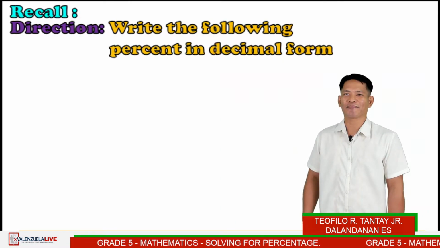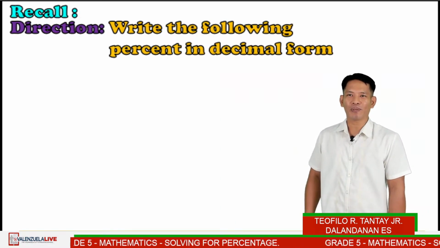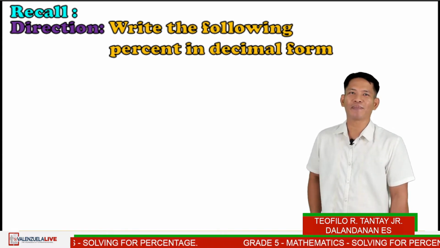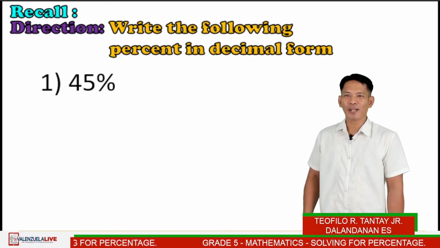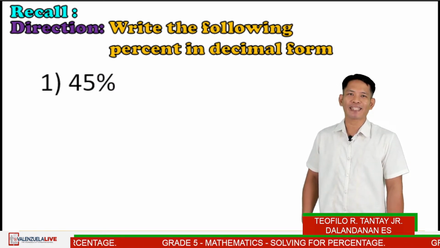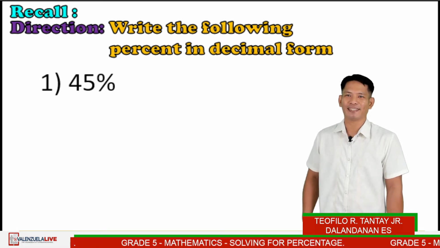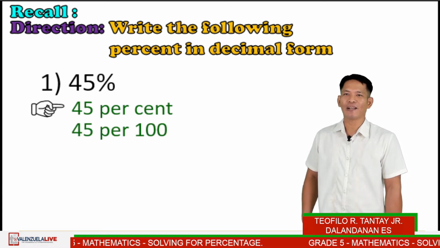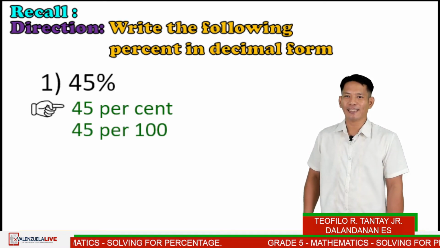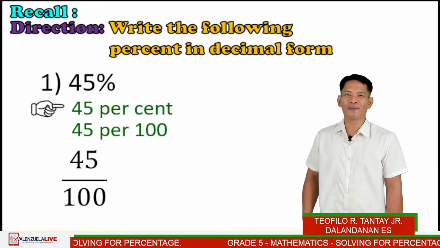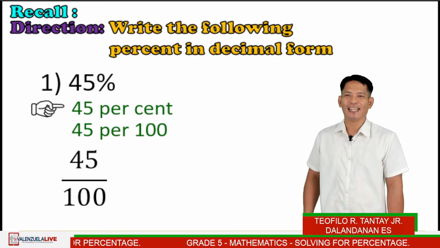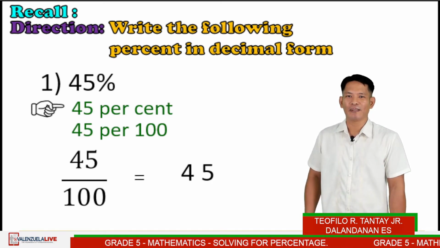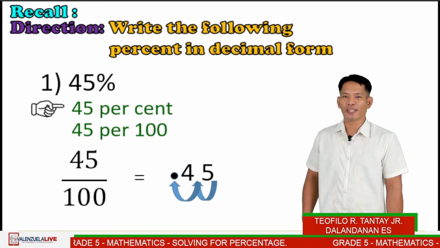Okay, let's continue. Let's first recall what we have discussed last week. Write the following percent in decimal form. Number 1 is 45%. What is 45% in decimal number? 45% can be written as 45 per hundred, and in fraction form, we have 45 over 100. 45 divided by 100 is 0.45.